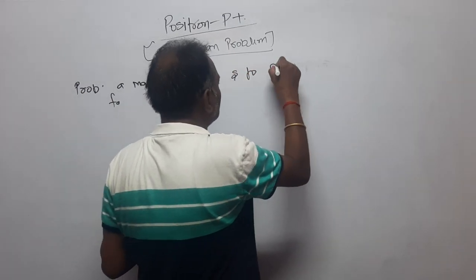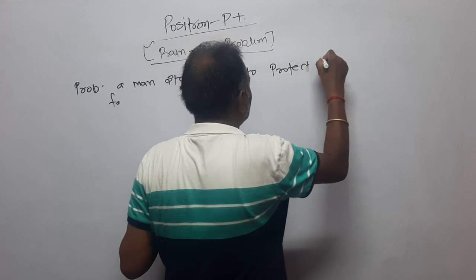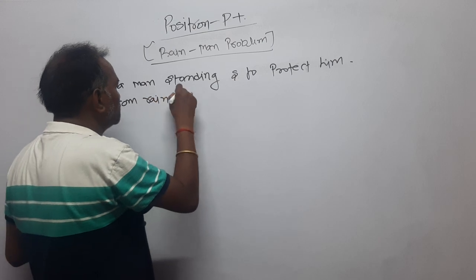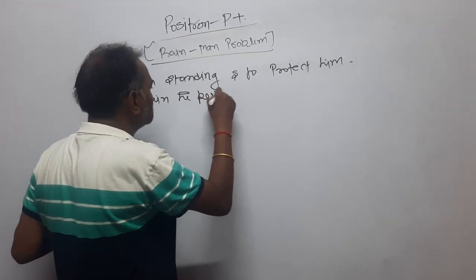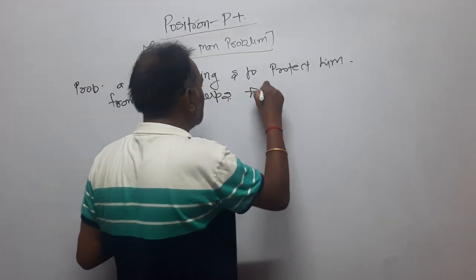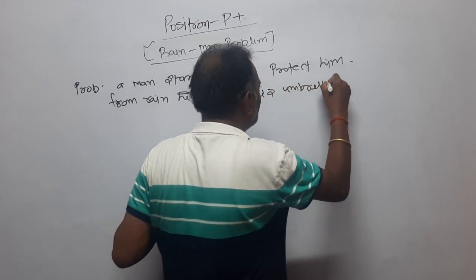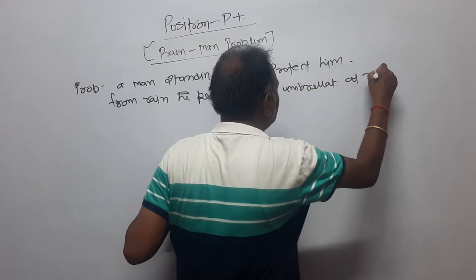To protect himself from the rain, he keeps his umbrella at 30 degrees from the vertical.